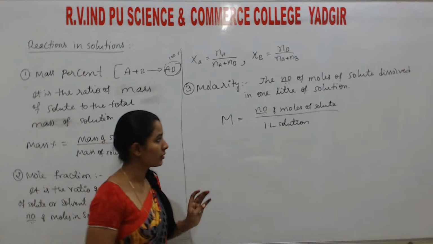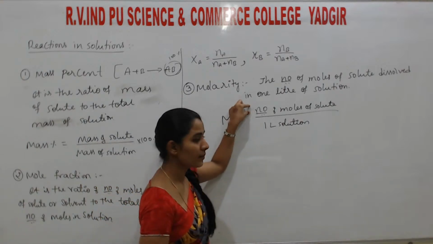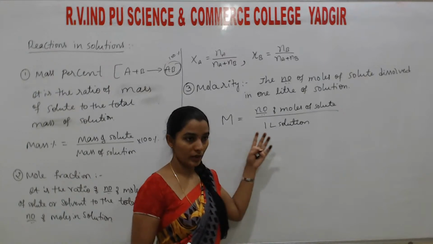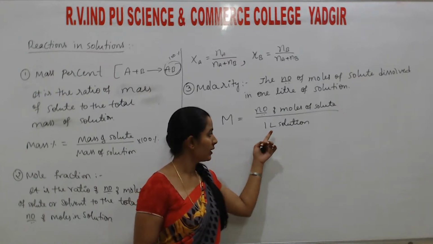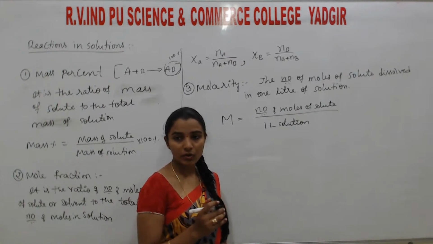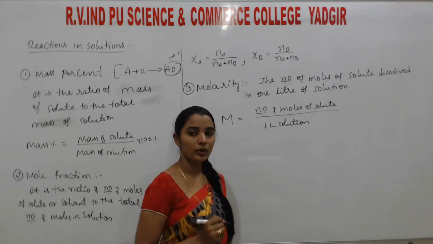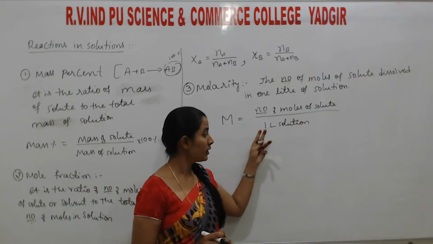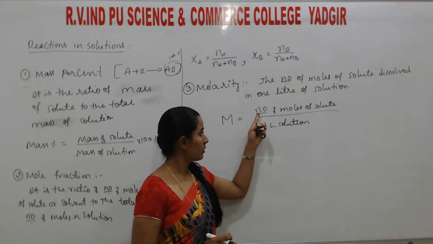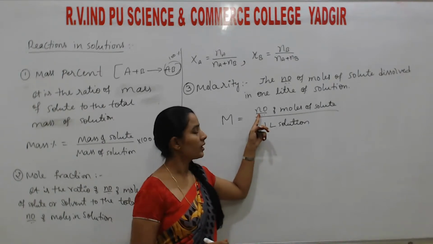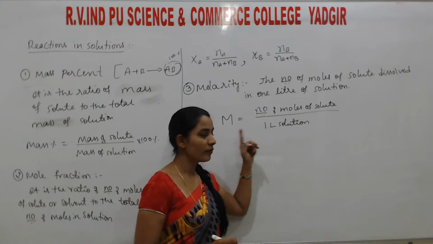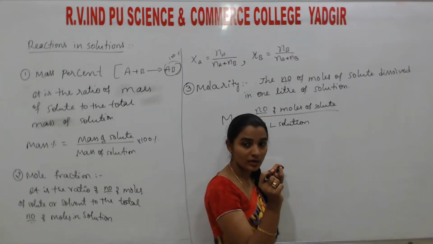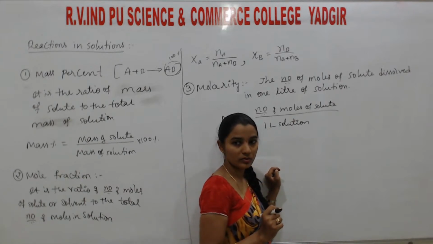Okay, comparison. So students, that means if any grams are there, always it will be converted into gram. If any ml or dm cube is there, it is converted into liter. By comparison, you know, 1000 cm cube is equal to 1 liter. By comparison, you may interchange that. Always now solute must be in number of moles and the solvent must be in liter. So number of moles means, as I said in the last class, given mass divided by molecular mass.